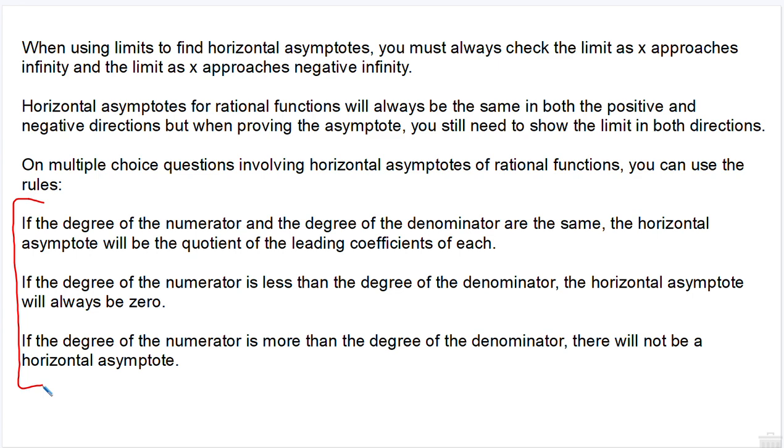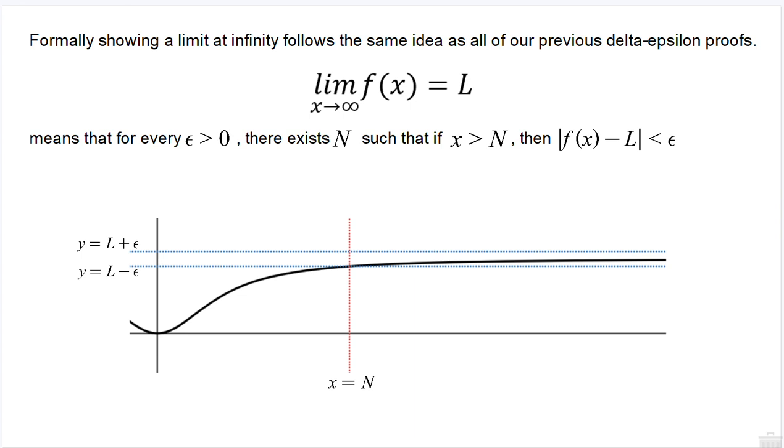All right, so we're going to change gears just a little bit here. We're still going to be talking about horizontal asymptotes and what happens as a function approaches infinity. But there's one thing that we haven't really formally done yet, and that's the formal proof that a limit exists as we're approaching infinity or negative infinity.